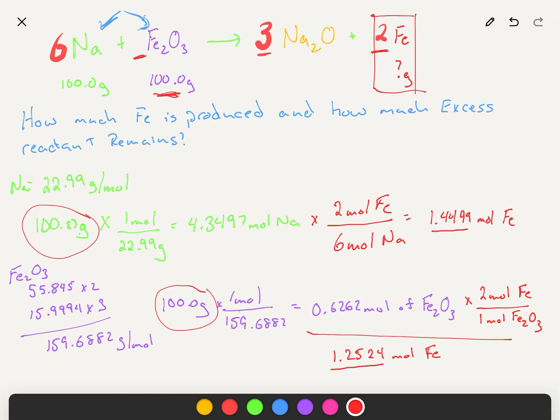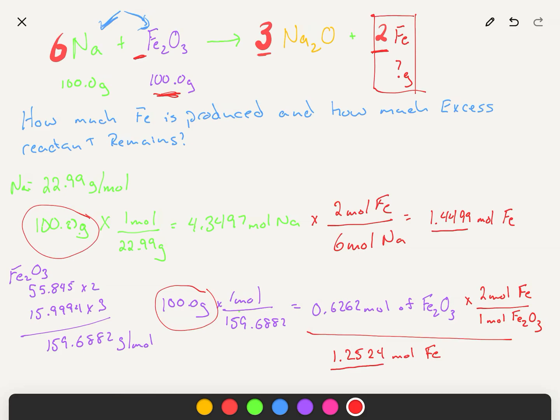So we've got to say which one of those is smaller, right? When I run out of iron 3 oxide, I'm only going to have 1.25 moles produced. So that means I have not used all of my sodium, because I can produce more than 1.25 moles of iron from that amount of sodium.